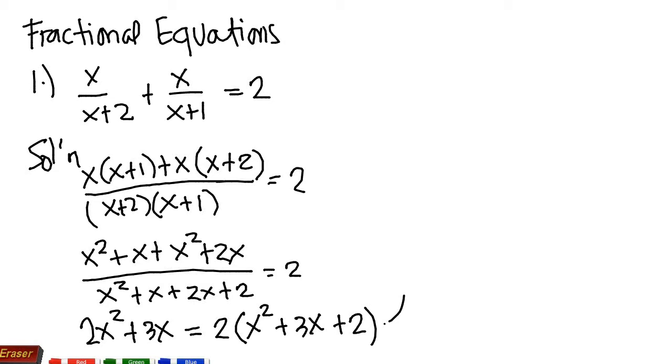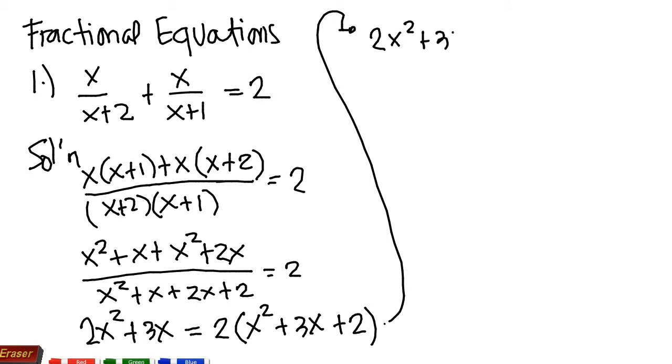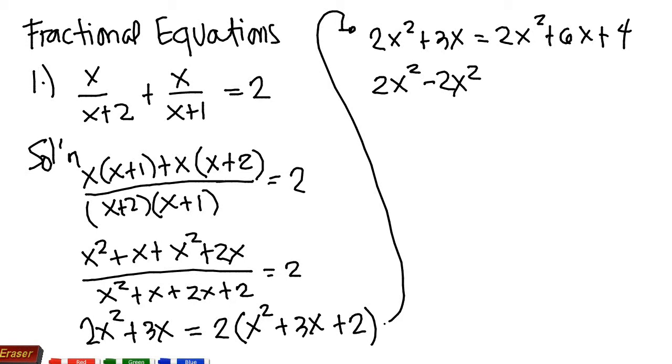So it will now become 2x squared plus 3x, and that is equal to 2x squared plus 6x plus 4. Then we transpose similar terms, so 2x squared minus 2x squared cancels, and you have 3x minus 6x equals 4.